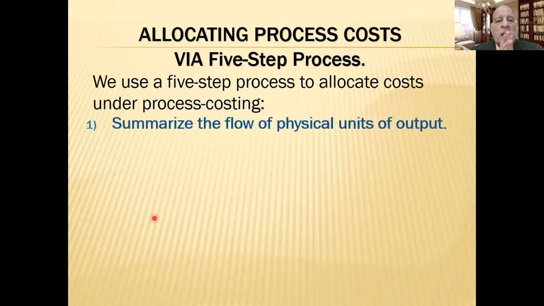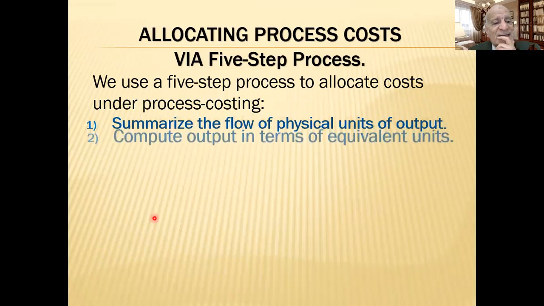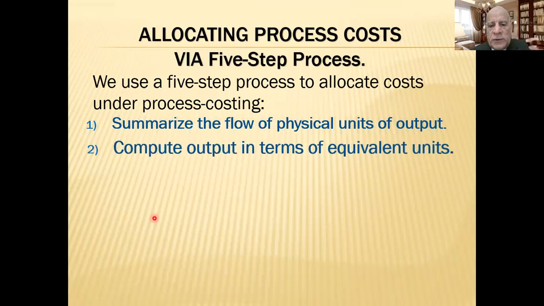First, we summarize the flow of physical units of output. Second, compute output in terms of equivalent units. Notice that in step number 1, summarizing of the flow is done by physical units, but in step number 2, the computation of the output is done in terms of equivalent units.